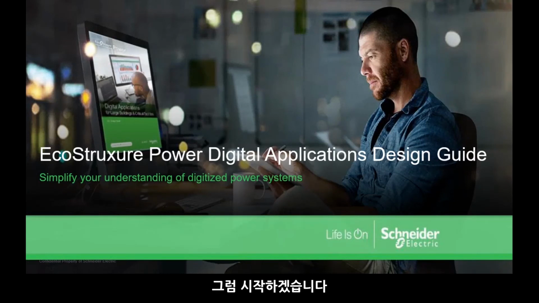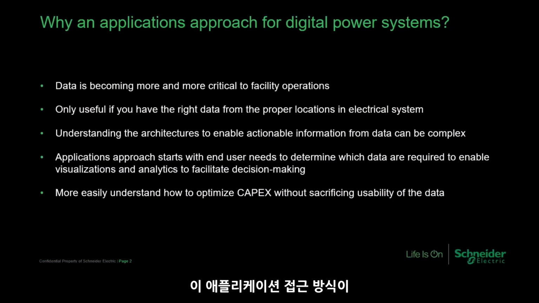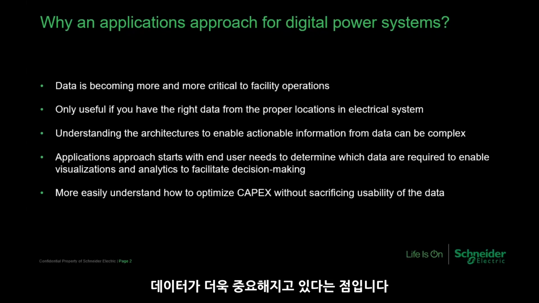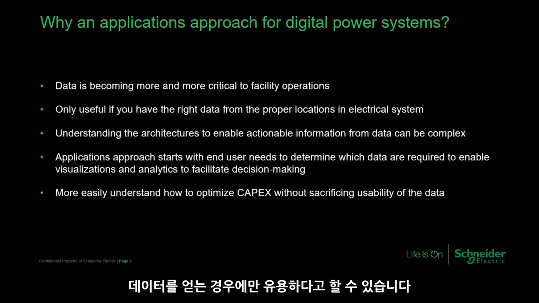Okay, let's get started. Why is this application approach so important for a digital power system? First of all, data is becoming more and more critical to many facility operations, right? We are talking about facilities, we are talking about buildings. Data is only useful if you have the right data from a proper location in the electrical system.